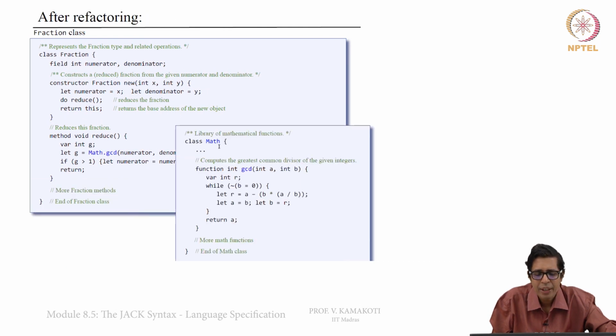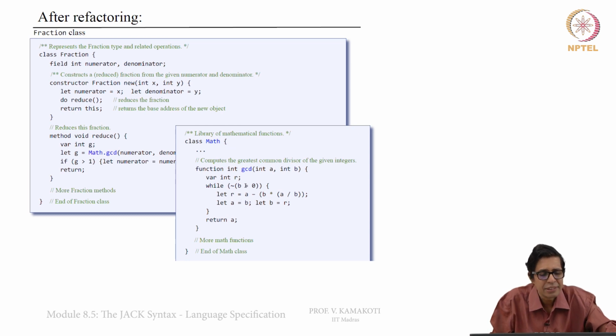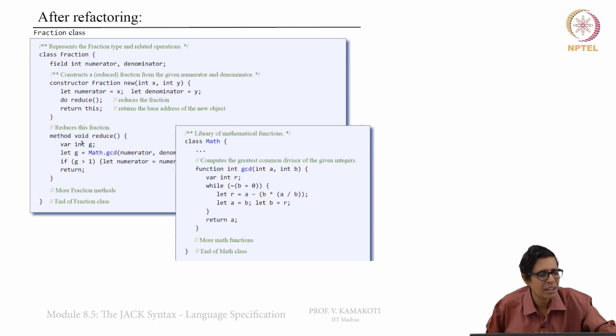Rather than that, I could have had another class math, which has this GCD function, and I can say math.gcd. Because GCD is a common function across many languages and many objects. I am not using GCD just for reducing fractions. I can use GCD for say some cryptography or some number theory computations later.